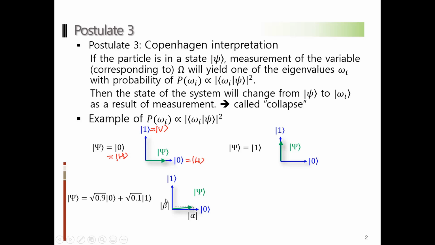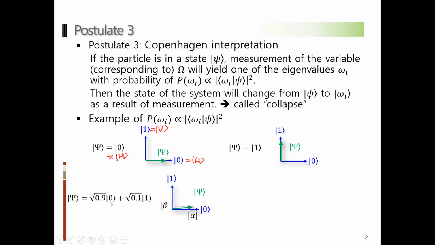That means that if we prepare this kind of superposition state and try to measure the value, and if we repeat such preparation and measurement about 100 times, how often do you expect that you will measure 0?